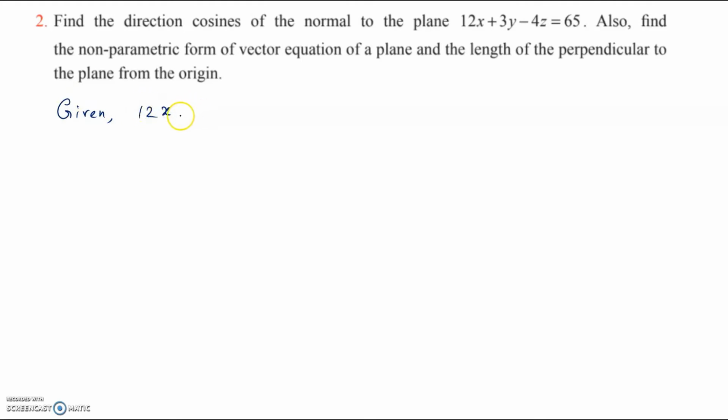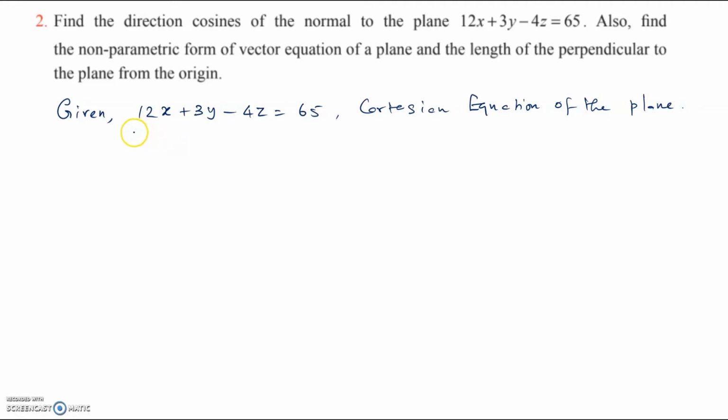So, given 12x plus 3y minus 4z is equal to 65, which is the Cartesian equation of the plane.